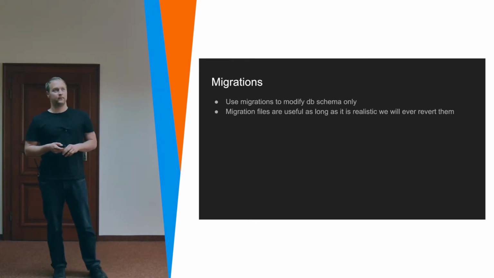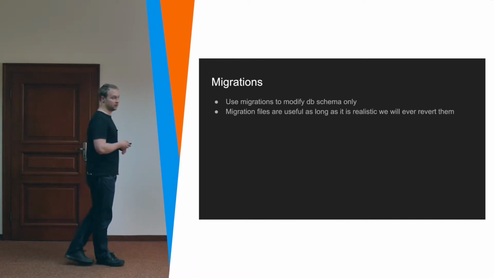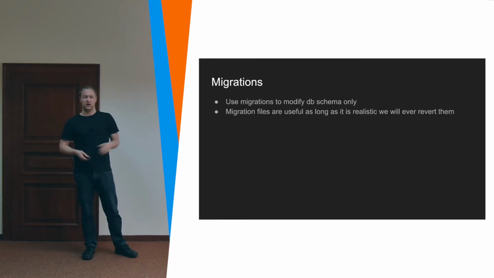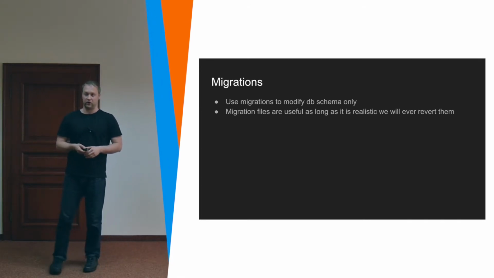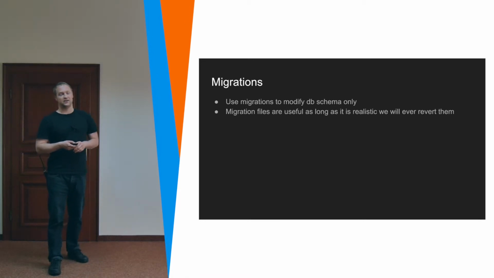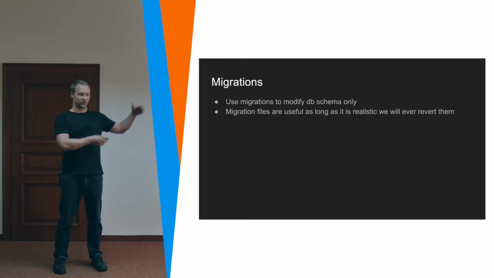There's another thing that we might consider when we are working for a long time with a given project. Usually the list of migrations grows a lot. You get a couple of hundred even for long-running applications, right? So you might ask yourself, can I delete all those migrations?